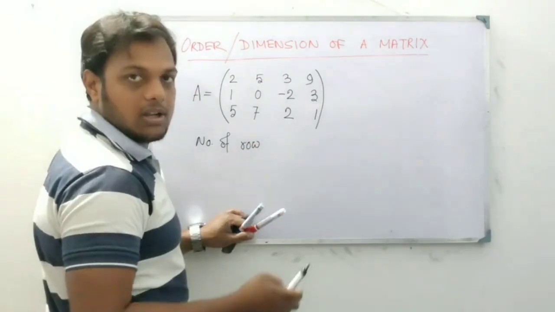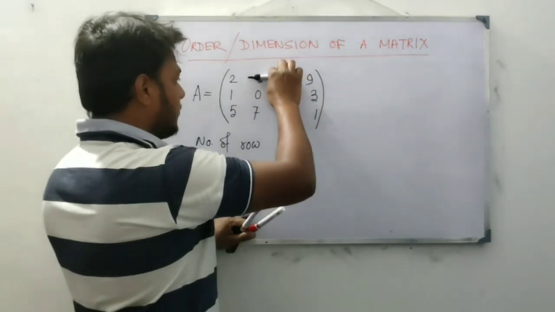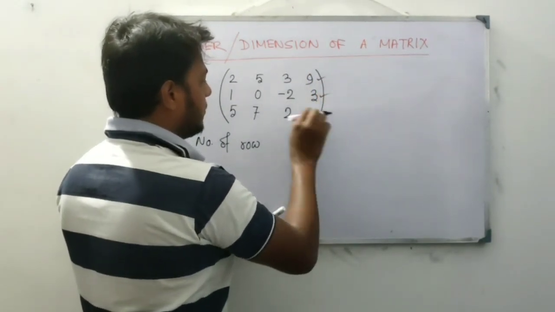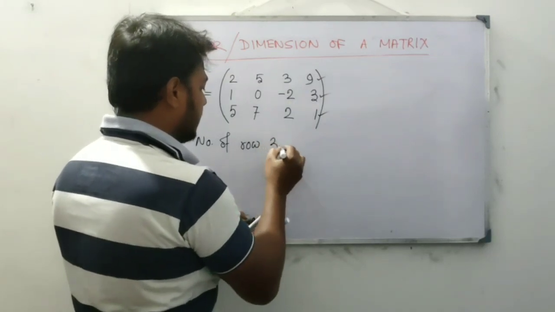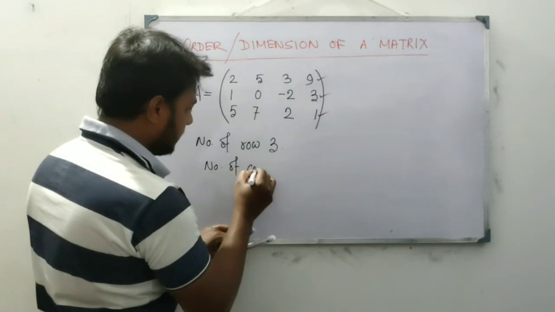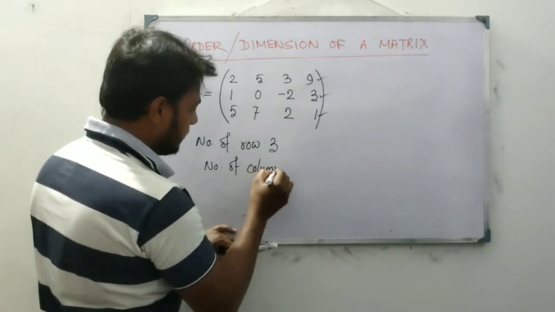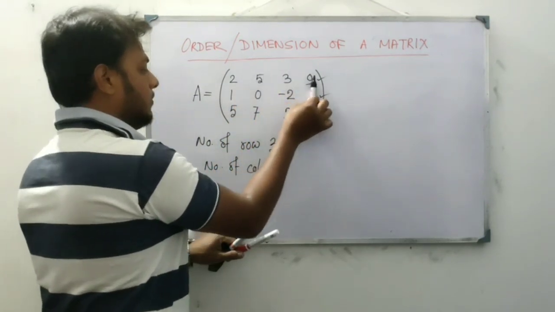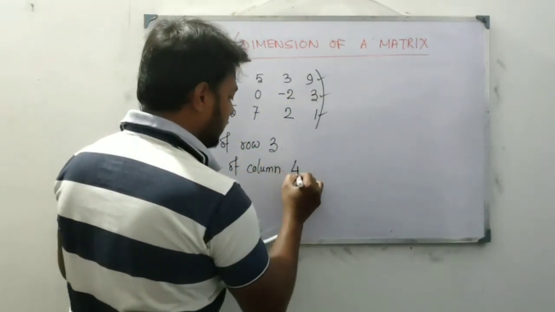Number of rows we can count along horizontal. So this is one row. Second, third. So 3 rows are there. And number of columns: 1 2 3 4. So number of columns is 4.